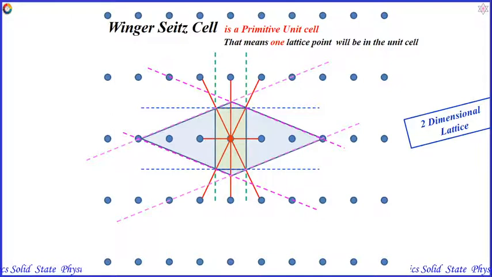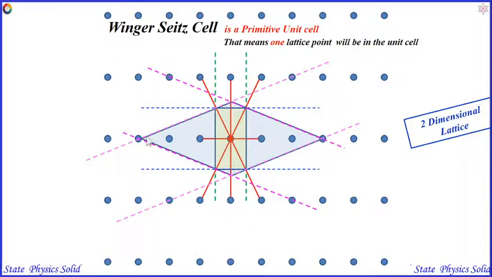That area is going to be considered which follows two conditions. That area should be the smallest, and second, the area should contain only one lattice point. Then we can say that the so-called Wigner-Seitz cell is a primitive one.